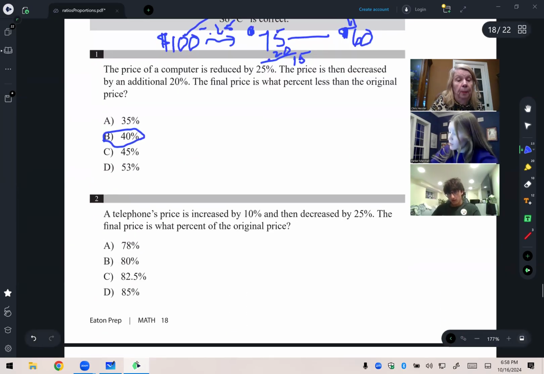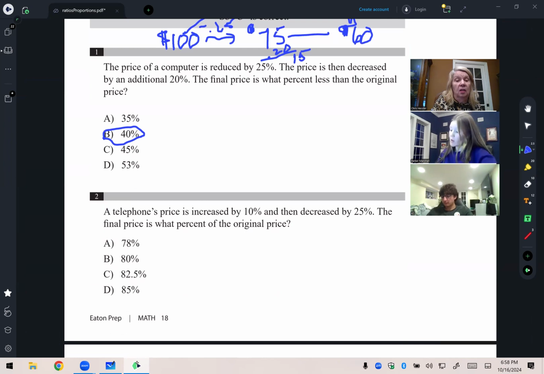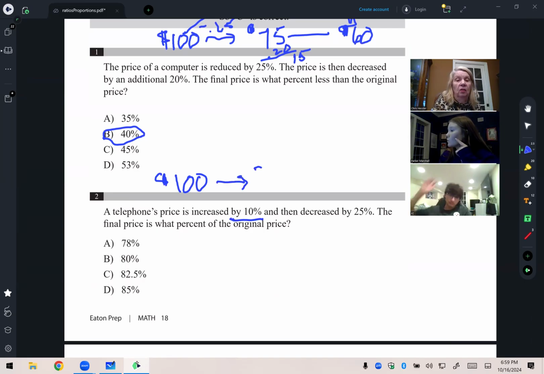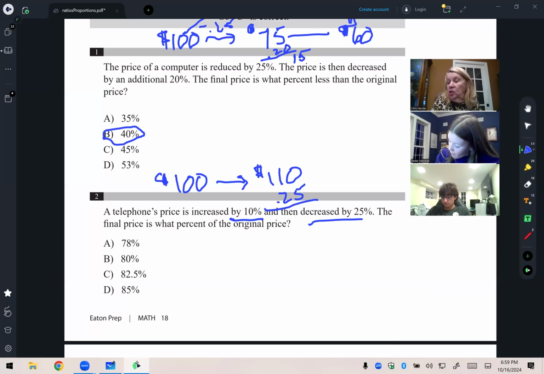One more. So we're going to call the telephone $100. That'd be pretty amazing, right? We're going to increase it by 10%, so the phone's going to go up to 110. And then we're going to take 25% off of that, which is what, 27.5.